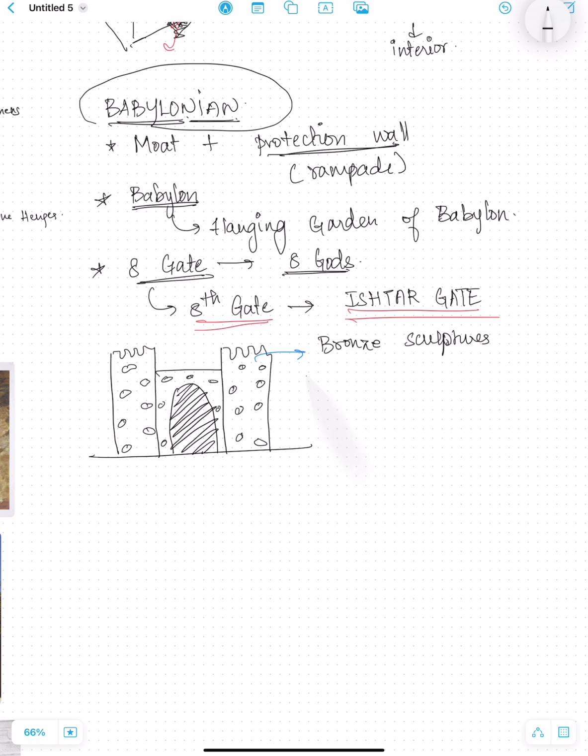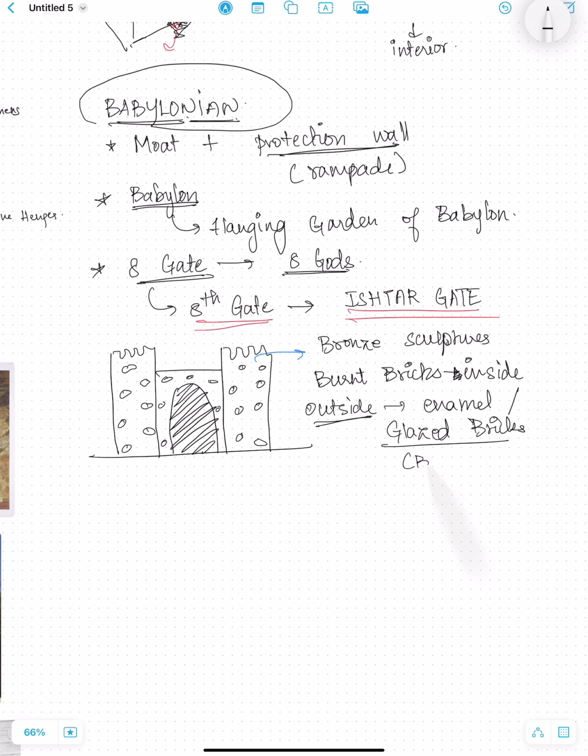The gate had burnt bricks on the inside, and on the outside, and this is important to remember, they used enamel or glazed bricks. And it was blue in color.